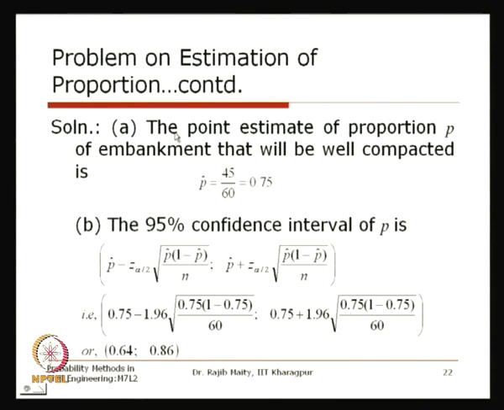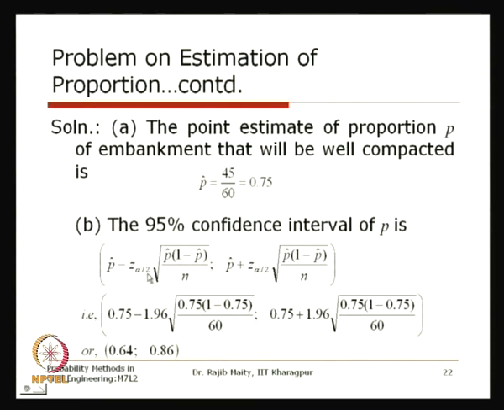Now, you can see that the point estimate of the proportion p of the embankment that will be well compacted, that is p cap, as I told, is 45 divided by 60, which equals 0.75. This is straightforward. Now, the 95% confidence interval of this p is this estimate minus z alpha by 2 into its standard deviation, and p cap plus z alpha by 2 multiplied by its standard deviation.